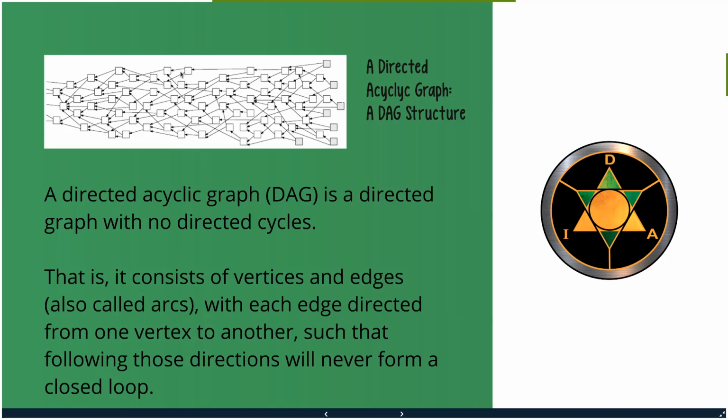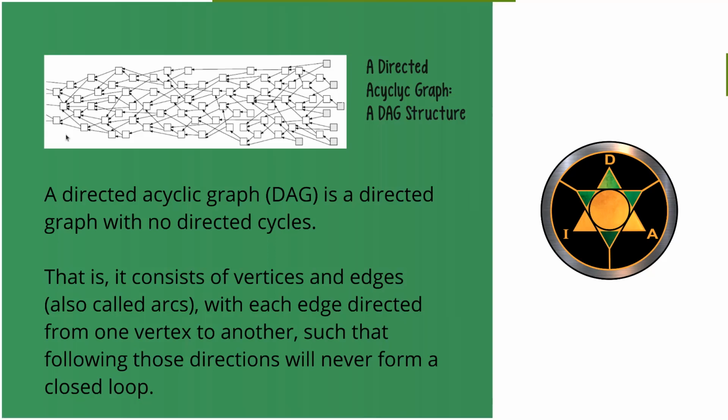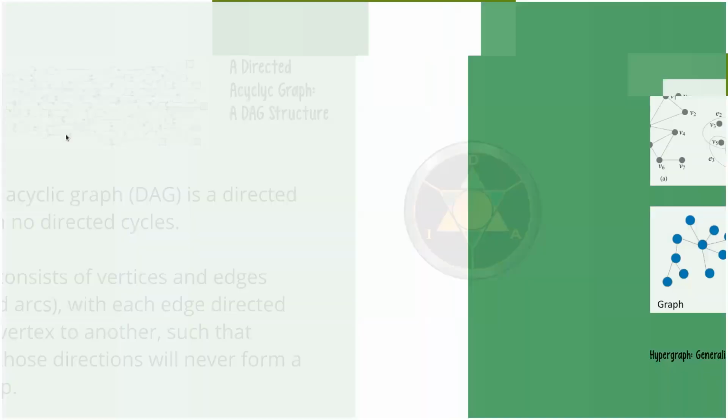Again, the edge here is that arrow, and the vertices are those little squares. The other particularity is that because it's directed, you cannot have a closed loop. You cannot go from one path and find a way to come back to the vertex you started from.